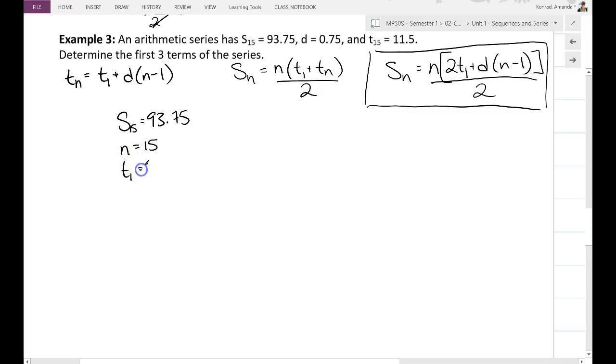Term 1 is what I'm looking for. And I also need d, which is 0.75. So I'm going to plug in.